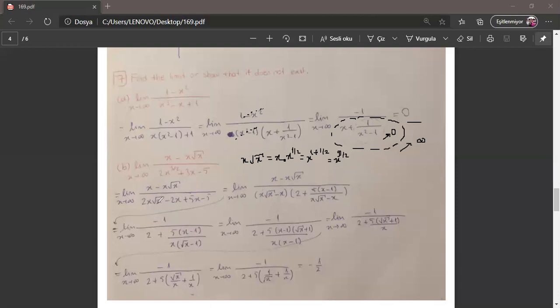Now, in the parentheses of x square root of x minus x, we have this 2 for the first two entries. Oh, sorry. For that one, we rewrite here. And for 3x, we separate it for 5 as 5x and minus 2x, okay? Here we have 3x and minus 5. We have the same.